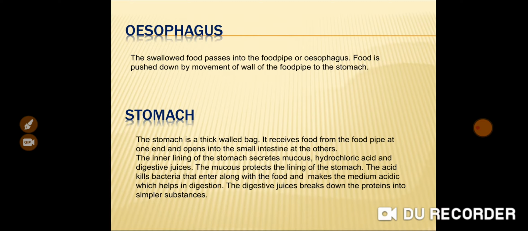The acid present in the stomach kills bacteria that enter along with the food and makes the medium acidic, which also helps in digestion. The digestive juices break down the protein into simpler substances.